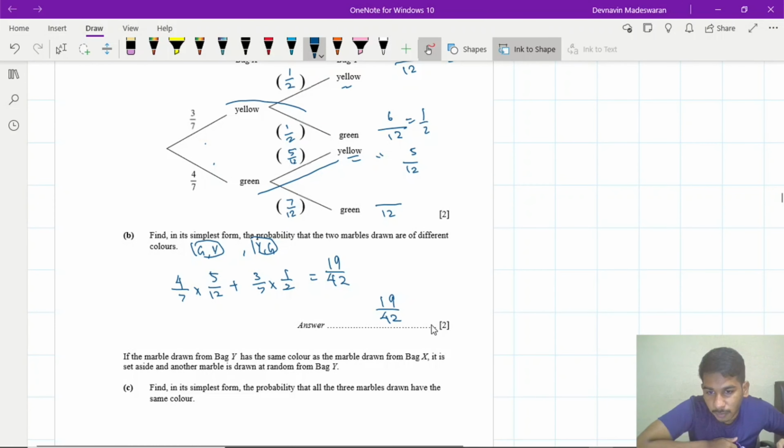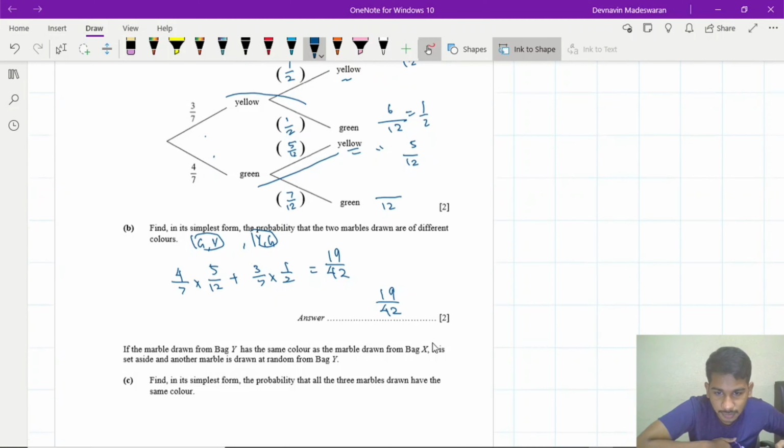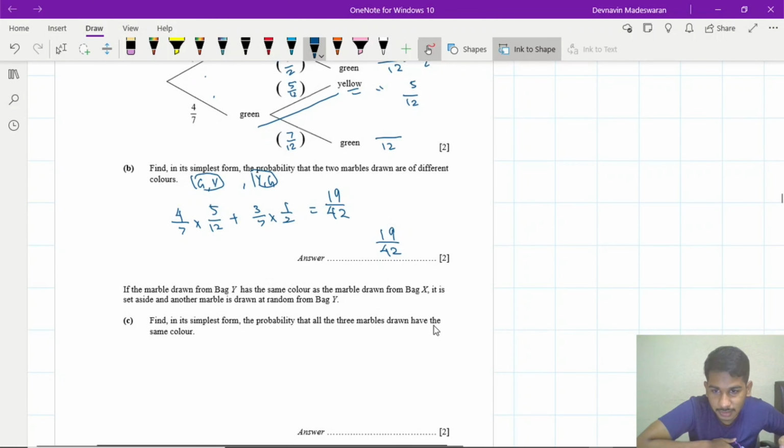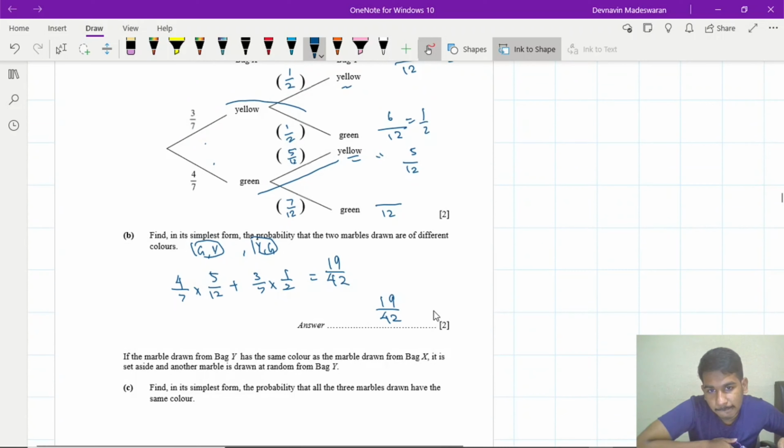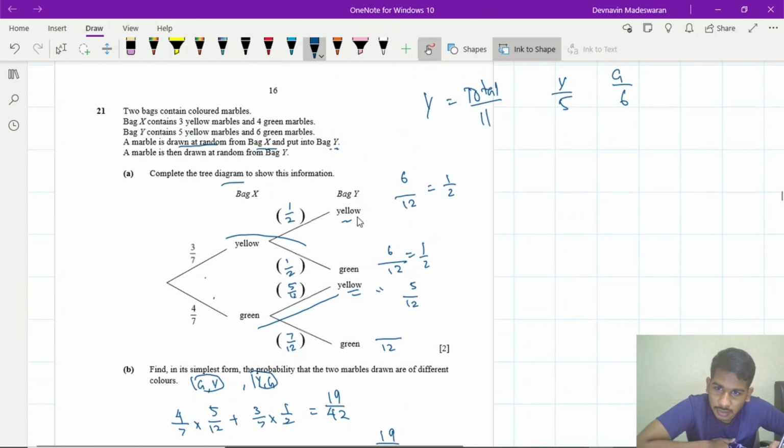The marble drawn from Y has the same color as the marble drawn from X. It is set aside, and another marble is drawn from Y. Find, in the simplest form, the probability that all three marbles have the same color. So it's something like, oh my god, what? So this is so weird.